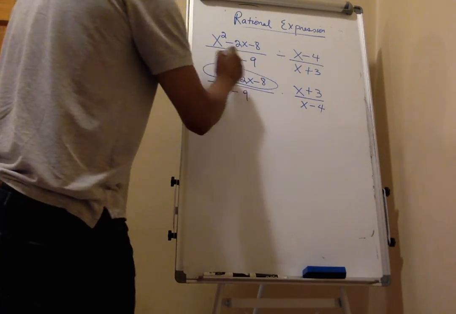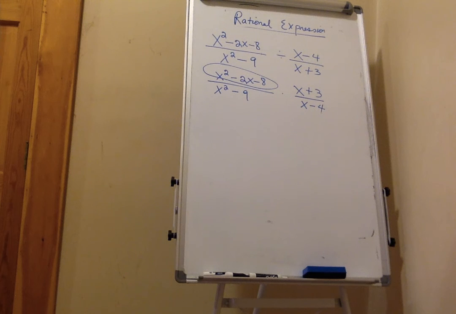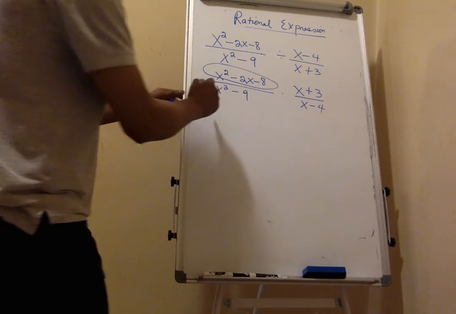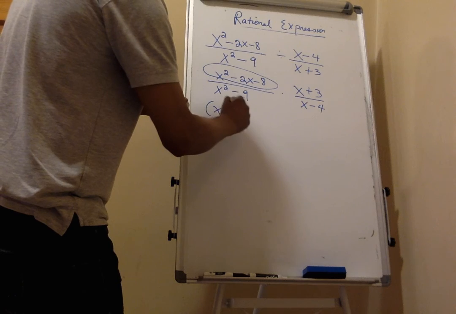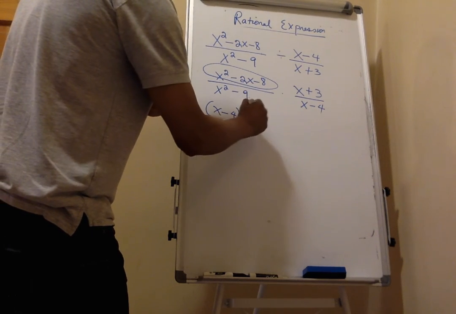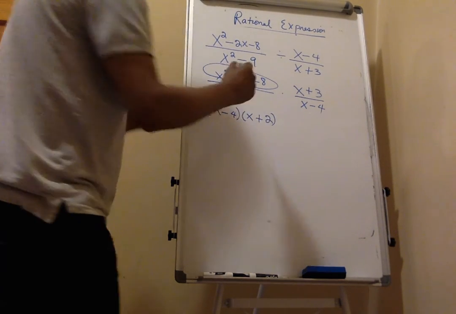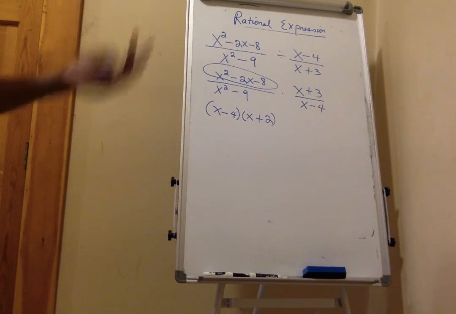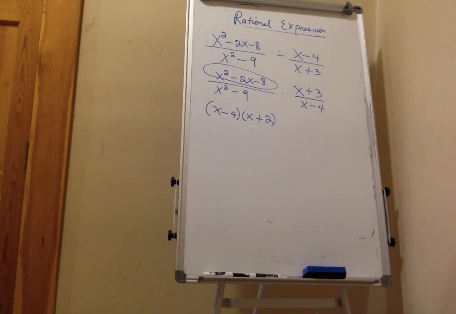factor x squared minus 2x minus 8. Two numbers multiplied will give us negative 8, and added will give us negative 2. This is x minus 4 and x plus 2. Okay, you do the product, the sum, and you will end up with this.